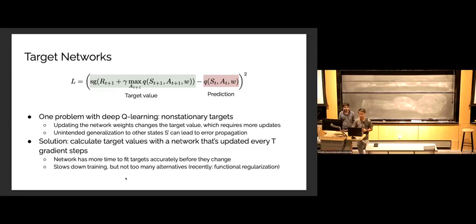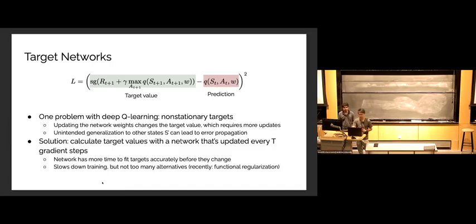This is where most instability comes from, and sometimes we may even have unintended generalization to other states, and this will lead to error propagation through the trajectory. The original error may be small. However, if the error propagates after several steps, the error will be huge.